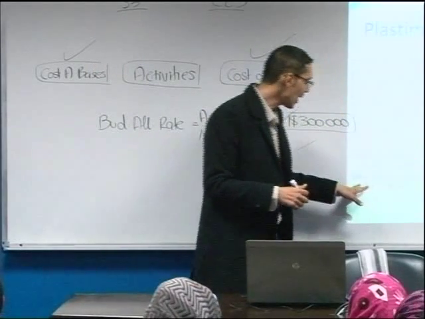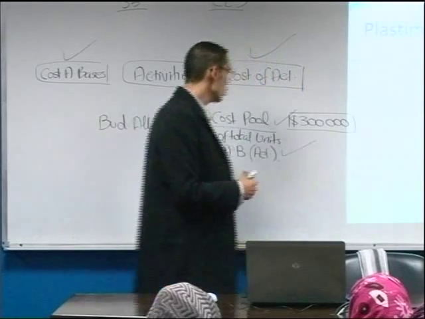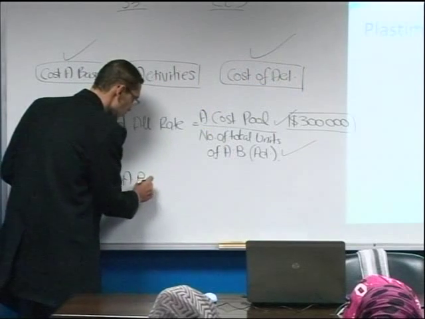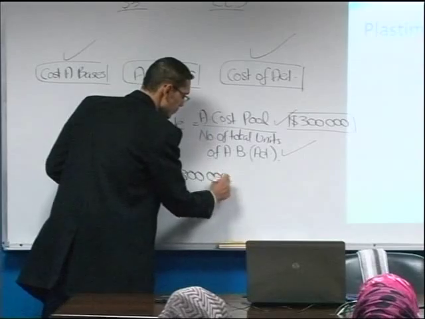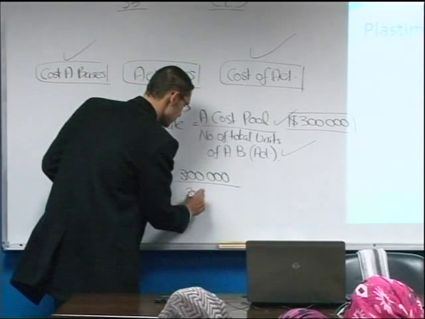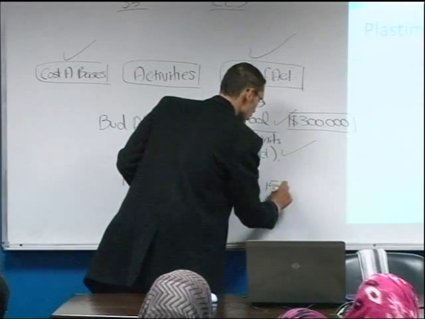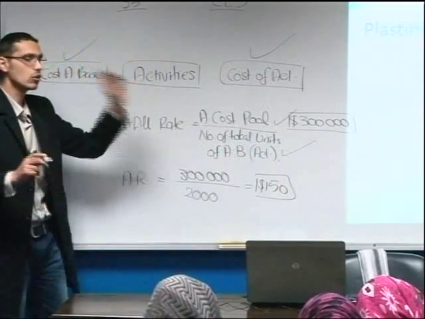Of course, according to the setup hours, we would have an allocation rate, how much? 300,000 over 2,000, which would equal $150. This is the allocation rate.